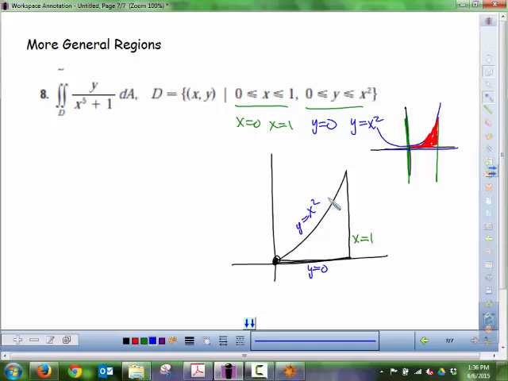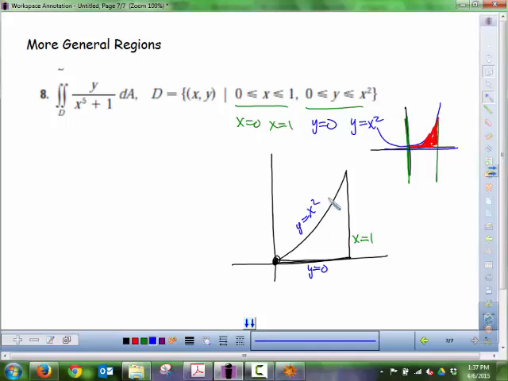So the way I want you to set this up is a thought process by looking at your drawing. Okay? In this particular example, it doesn't matter too much which one you integrate with respect to first, but the way they have the description set up, I think they would want you to integrate with respect to y first.